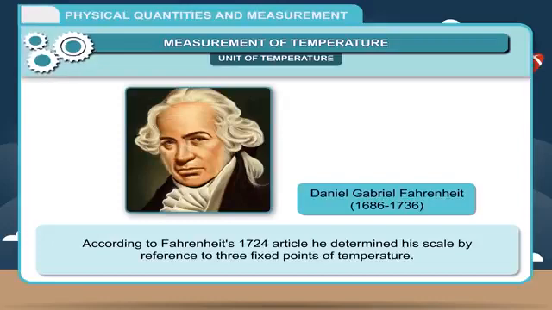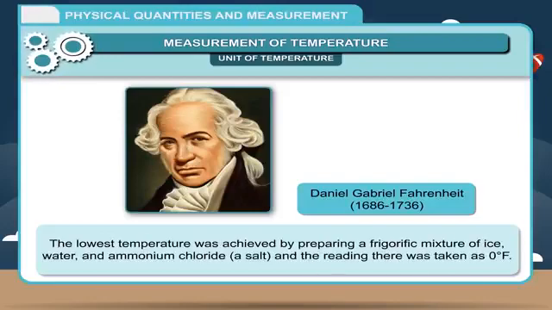According to Fahrenheit's 1724 article, he determined that scale by reference to 3 fixed points of temperature. The lowest temperature was achieved by preparing a frigorific mixture of ice, water, and ammonium chloride, a salt, and the reading there was taken as 0 degrees Fahrenheit.